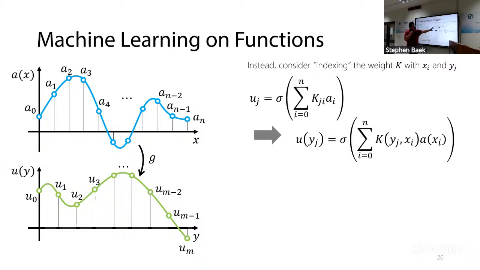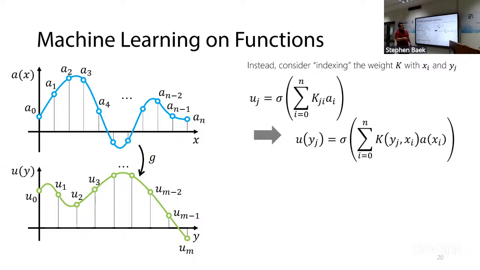Now, instead of that discrete formulation, we slightly changed the definition of the neural network into a form that contains a continuous kernel. This kernel is kind of like a function that takes the value of x_i and the value of y_j, and then spits out an adequate weight value k as an output.